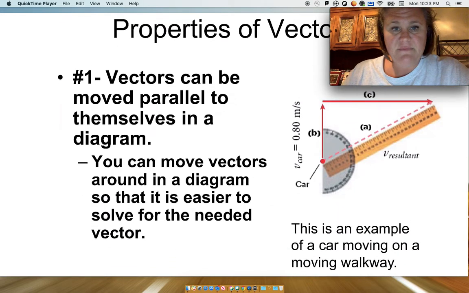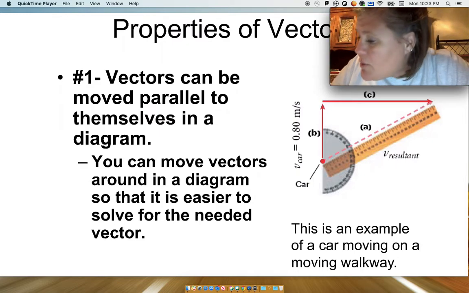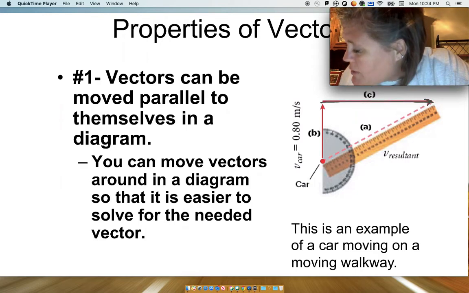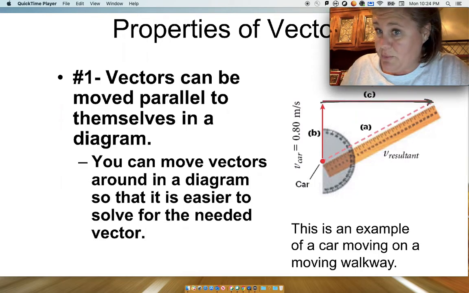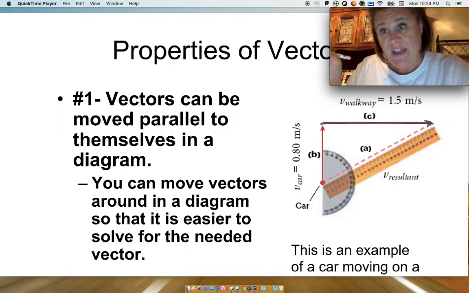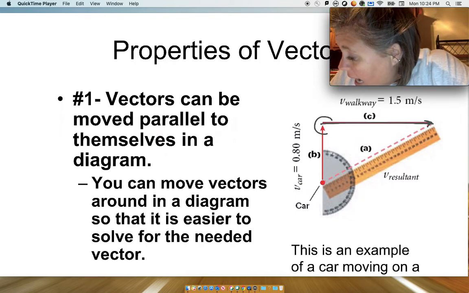So properties of vectors. One, vectors can be moved parallel to themselves in a diagram. You can move vectors around as long as you don't change their magnitude or length or their direction. Let's say I've got this vector right here. Notice we're taking the velocity of the car in meters per second, and we're adding the vector, the velocity of the walkway in meters per second. So we have like vectors, same unit, so we can add them together. Now they are added tip of this one to the tail of this one.